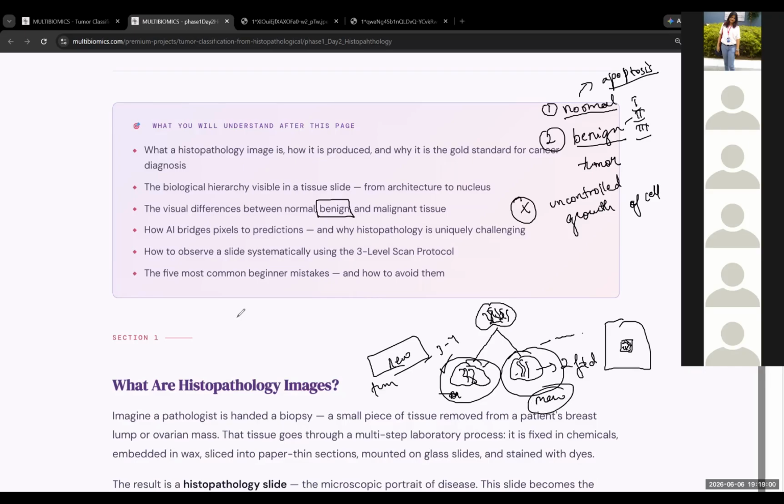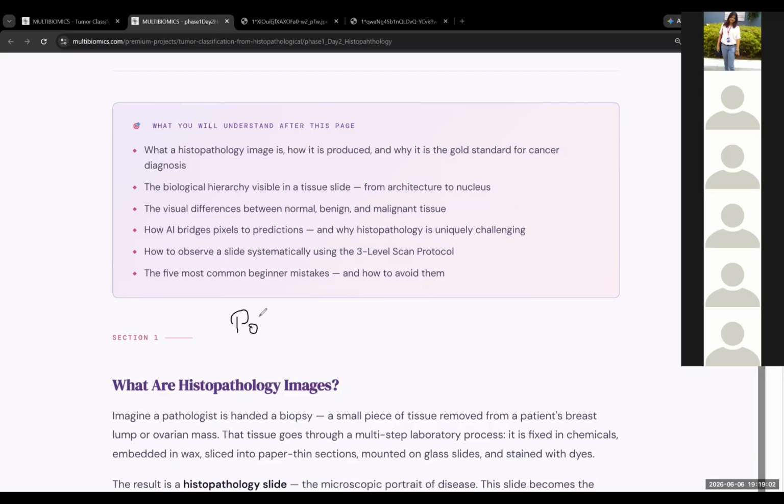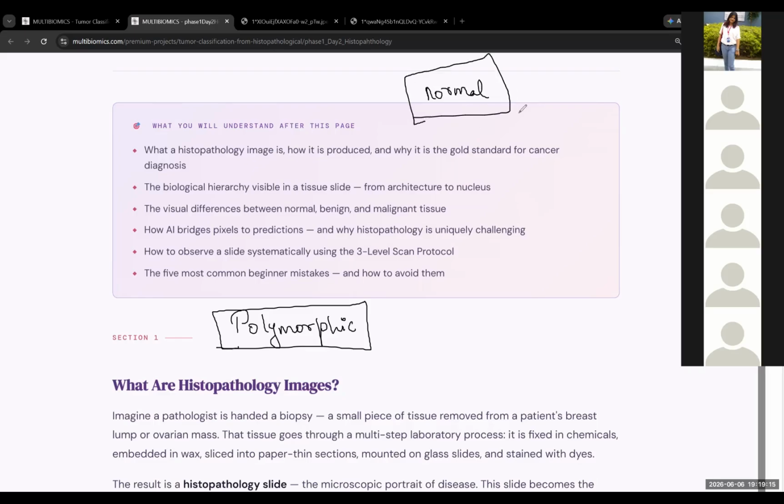So what it does, it becomes a cancer mass, a tumor mass is always polymorphic. No two cells look identical, but when you see a normal tissue, most of the cells are identical to each other. They look quite similar, but not in tumor cells.